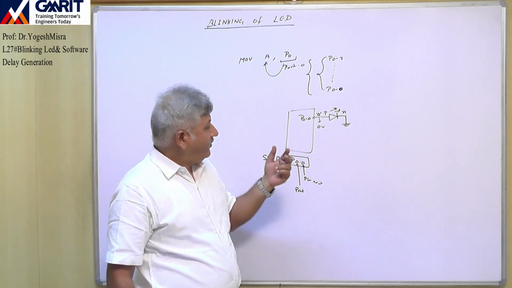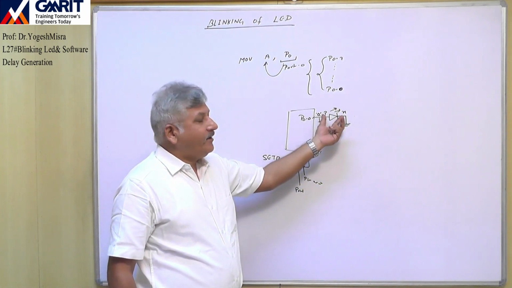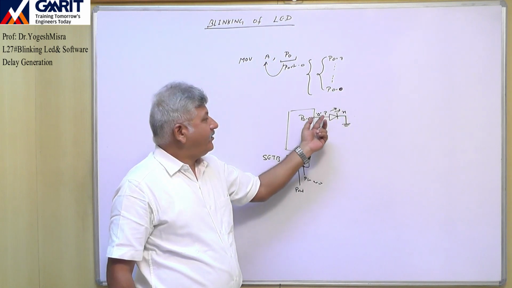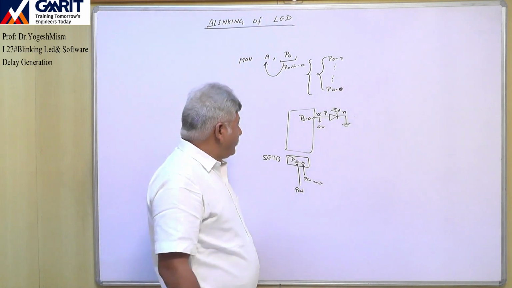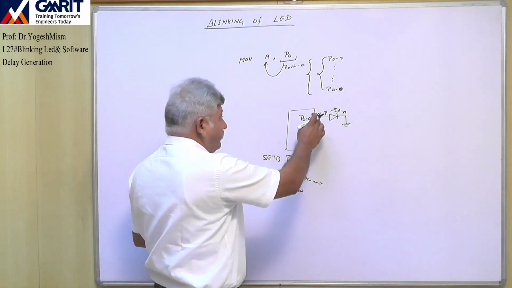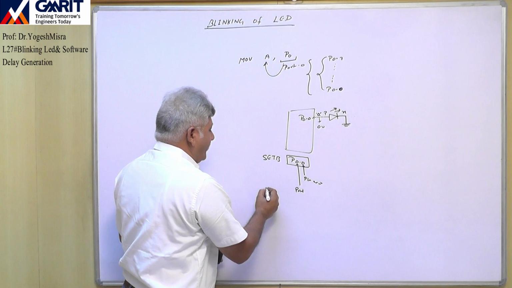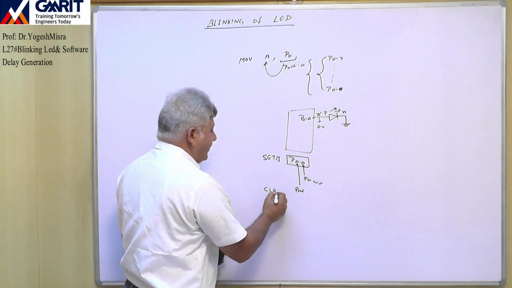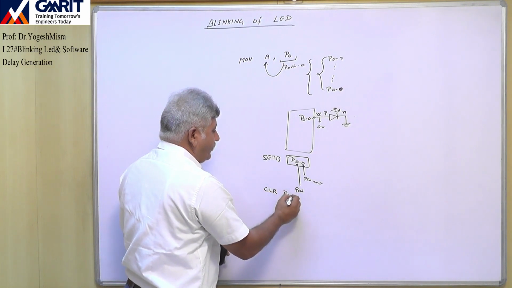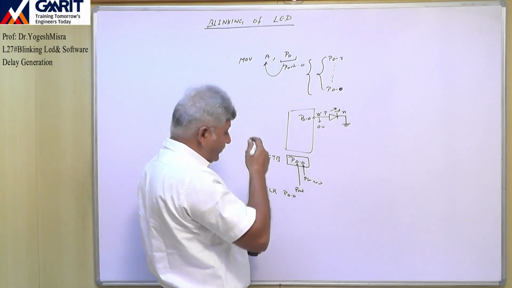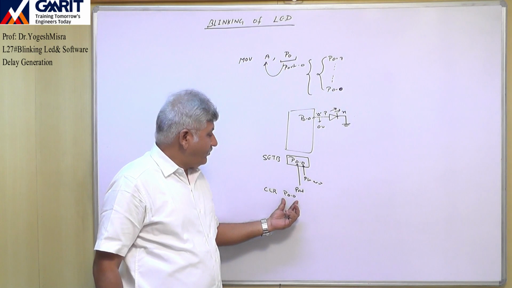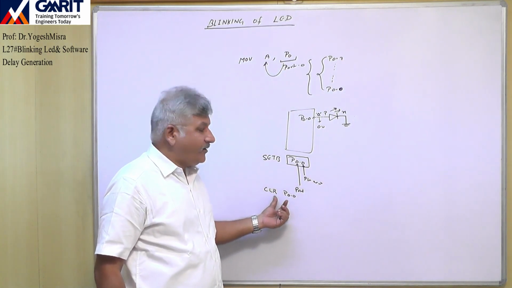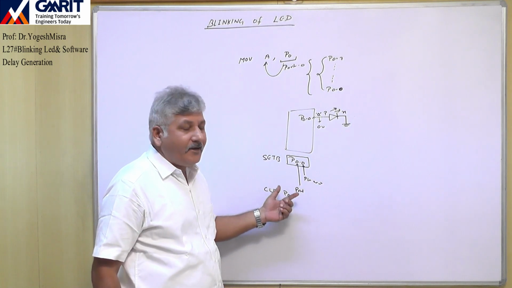And if they are at the same potential, then the LED will not be forward biased and there will be no flow of current, so the LED will remain off. Now to generate this 0, we can write the instruction CLR P0.0. So in this case, we are accessing only one pin of port 0 and making that pin 0. CLR means clear. That pin will be cleared.